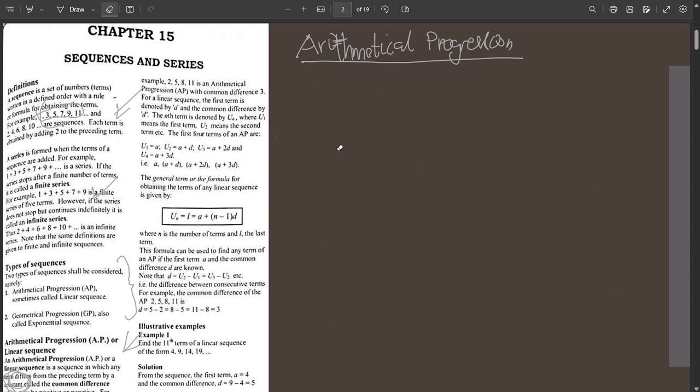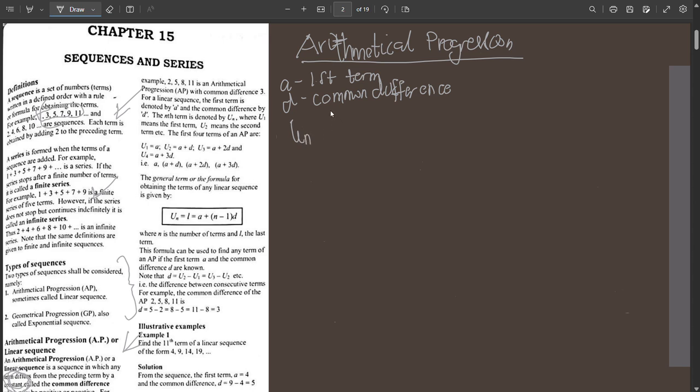So let's now look at how we are going to represent our terms. Reading from here, for a linear sequence, the first term is denoted by A. So A is the first term, and the common difference is denoted by D. The nth term is denoted by Un.